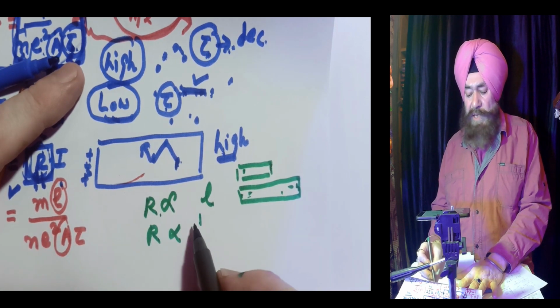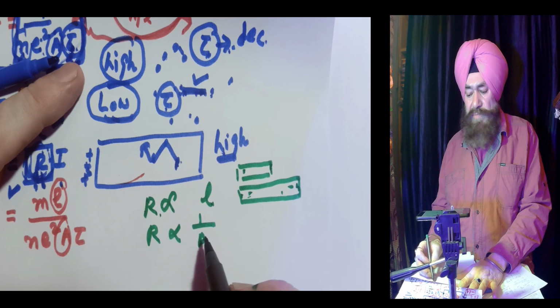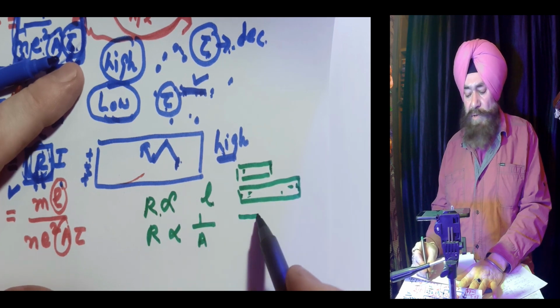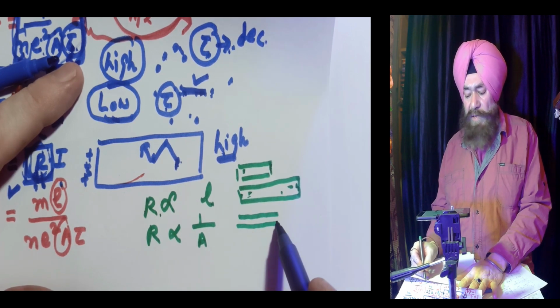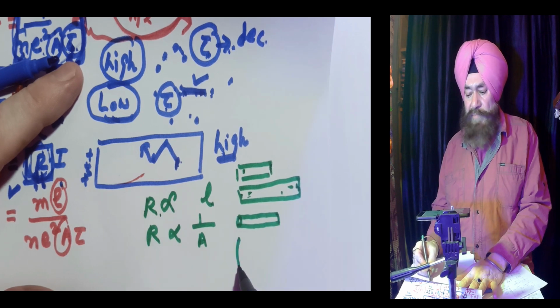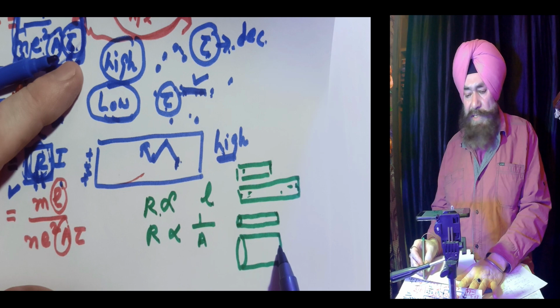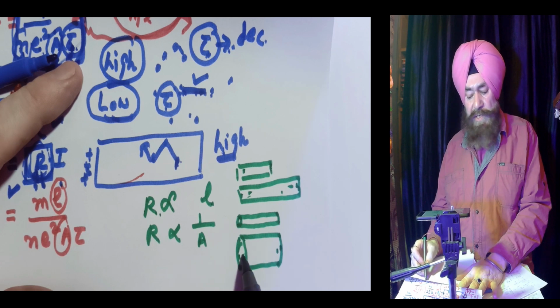It is inversely proportional to the area of cross section. If you have two materials of the same length but different area of cross section, what do you think? The electron finds less difficulty reaching here to here because the area of cross section is more.